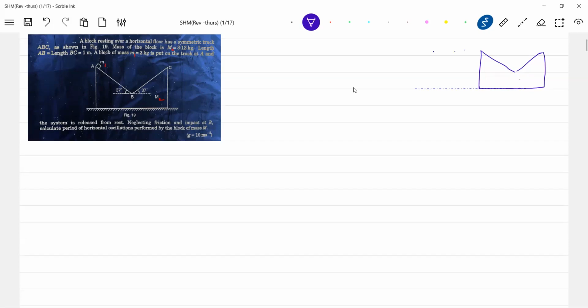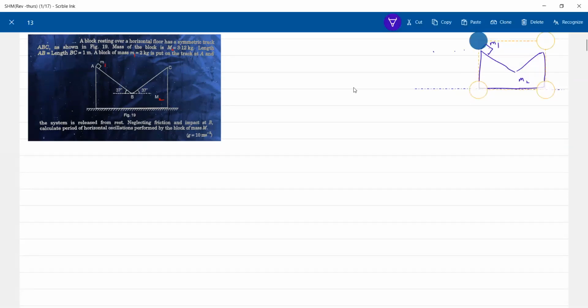I'll start like this: this is M2, this is M1. The moment I release, as this surface is smooth and there's no friction anywhere, this will shift towards left, no? And what happened to the center of mass? The center of mass will not shift. So I do get a position like this.